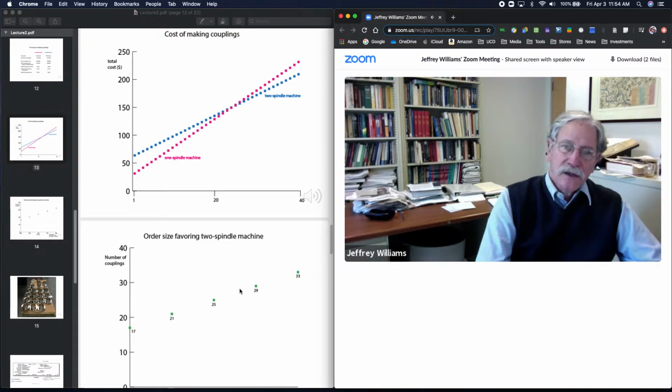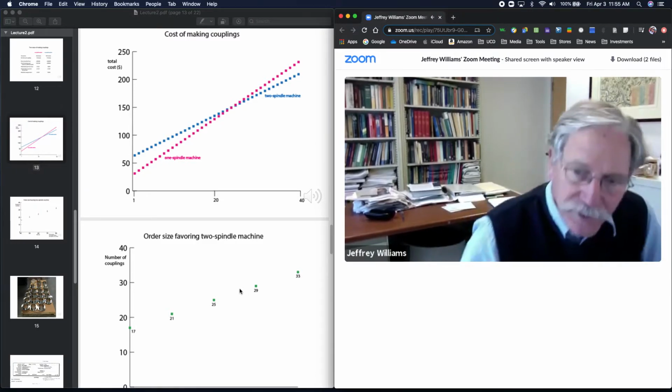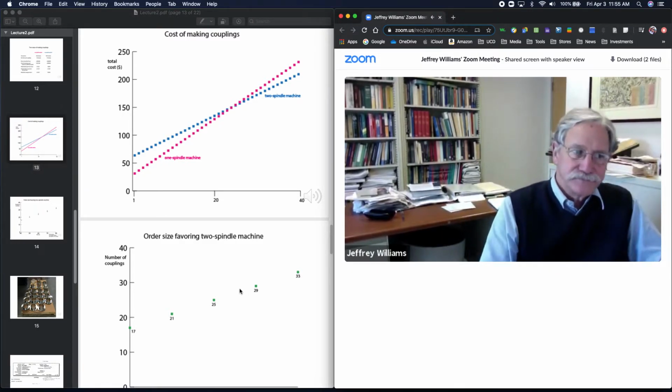Right? I could have written all of these numbers as letters, say, so machinist's wage would be W1 and W2 for the 1 and 2 spindles. I could have made an abstract like that, but I've used actual numbers. That's because I want actual numbers in these figures.